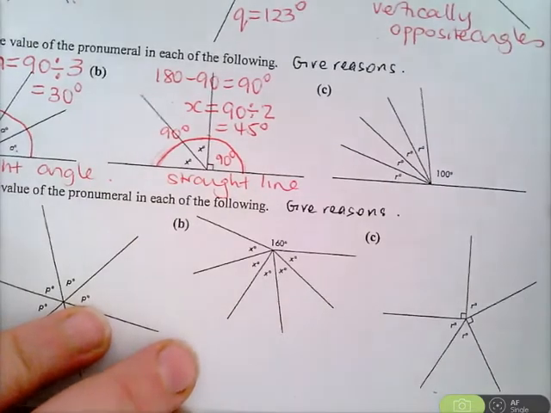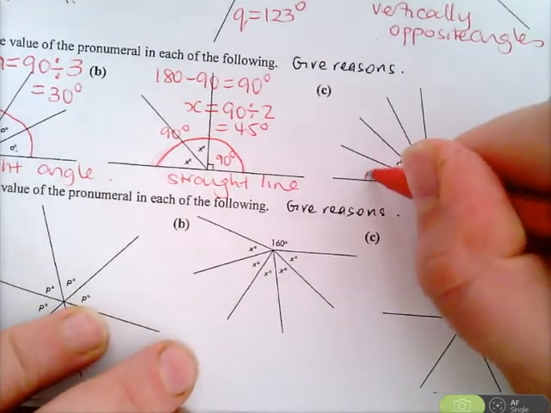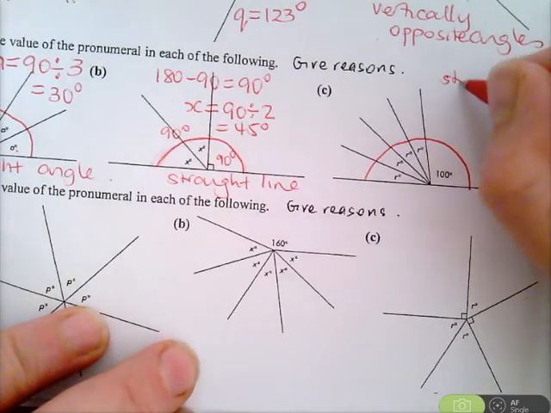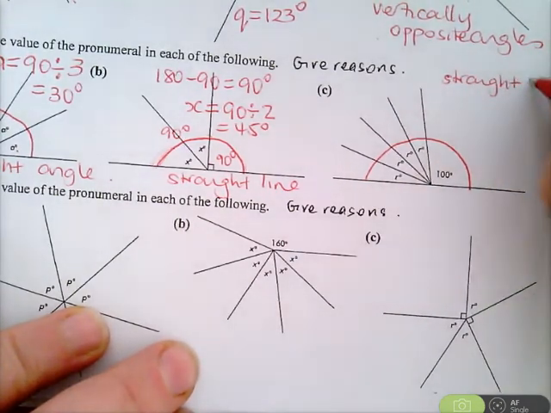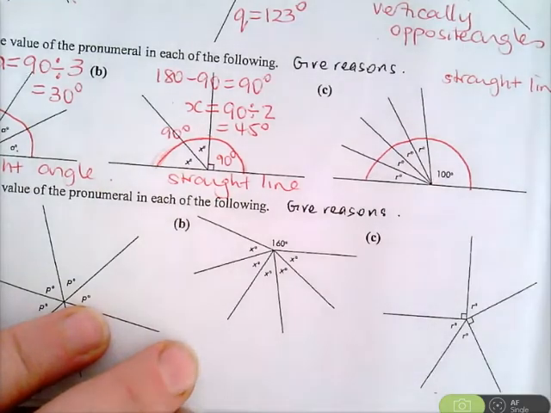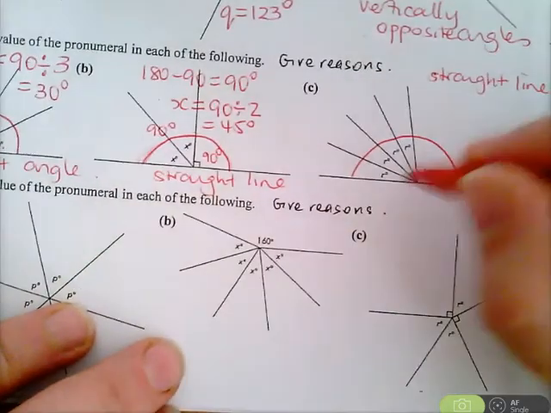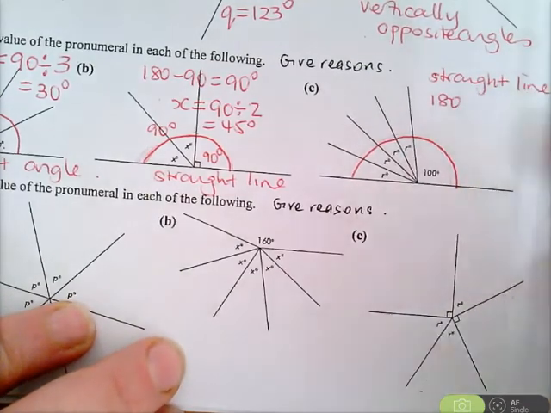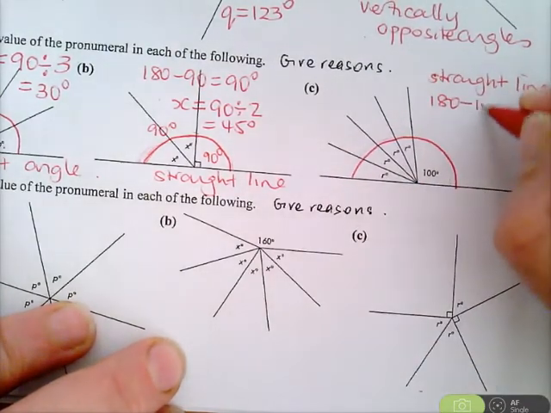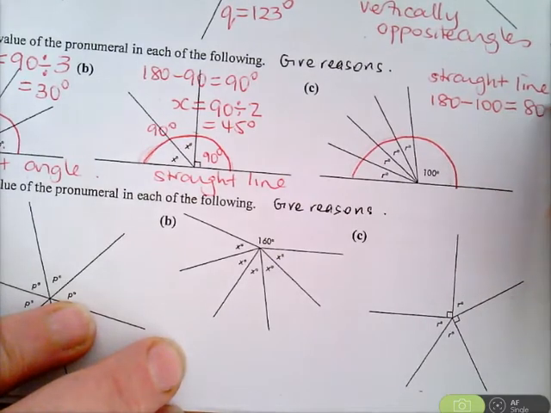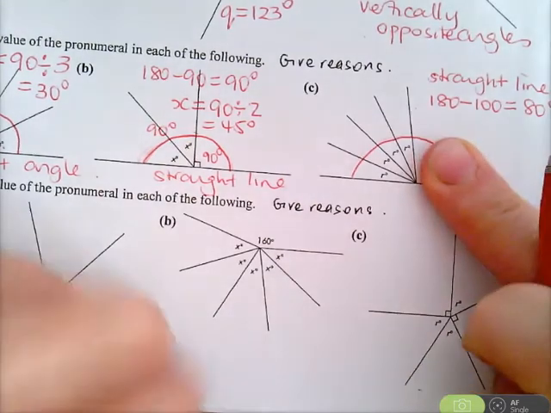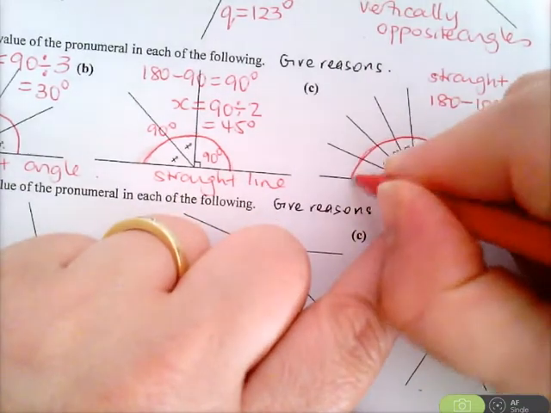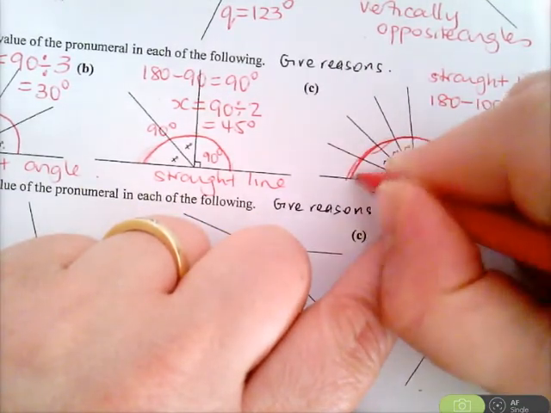Now, in my last question, let's just mark out the angle. I've got all of this. So whatever reason I'm going to give, it's going to be a straight line. That's my reason, or a straight angle. Now, I know that all of that adds up to 180. So what I'm going to do to work out, I'm going to do 180, take away the angle that I know. So 180 minus 100 is 80. So if this bit here is 100, then the rest of this is all 80.